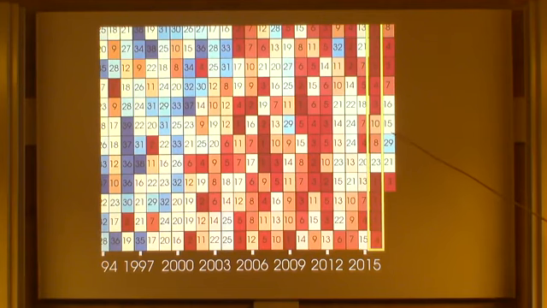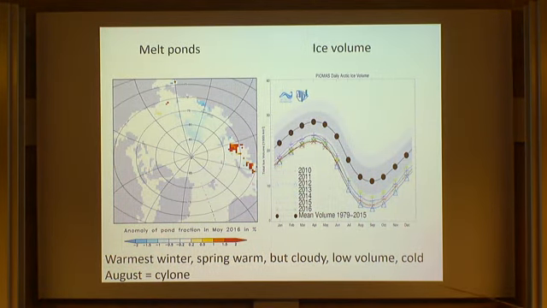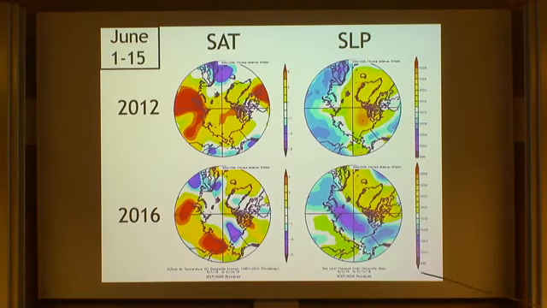The spring was not that cold. It was also relatively warm, but it was quite cloudy. We had quite low pressure, so we still didn't get lots of melt ponds. So the melt pond formation was weak. I show here some surface pressure.